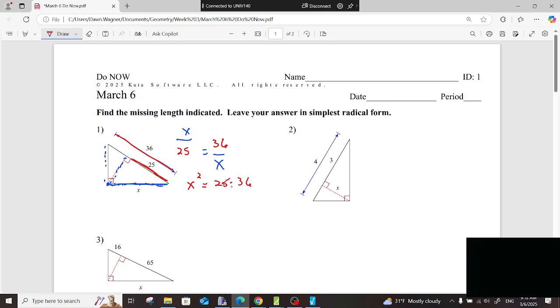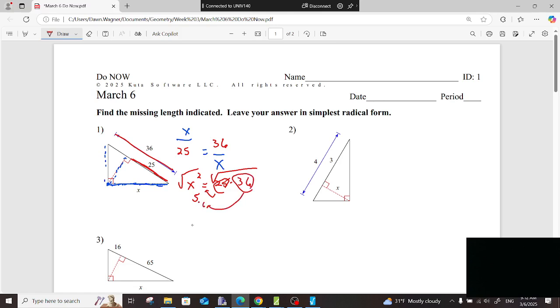The reason why I didn't just get that big number, I could, but I want to simplify when I do my square root. The square root of 25 is what? 5. So 5 comes out on the outside. And what's the square root of 36? 6.